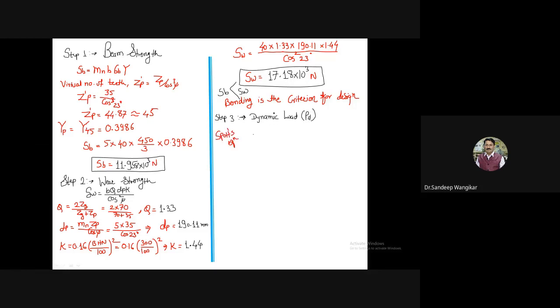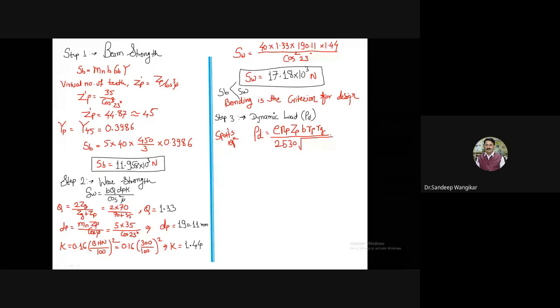So by using the equation, I will say PD is equal to E NP ZP B into R1 R2 or RPRG divided by 2530 under root of RP square plus RG square.